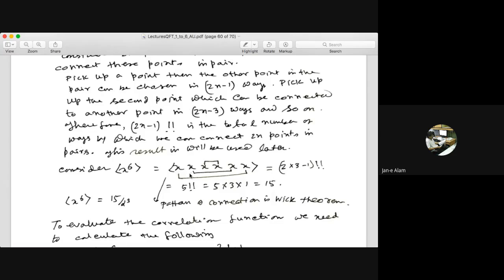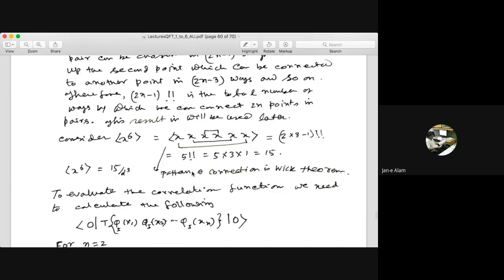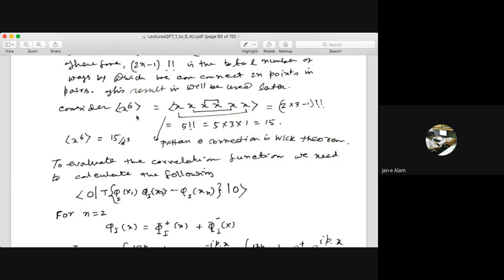I can pick up one, then choose the other x in 5 ways. Two are gone, since I have connected pairwise. I can take the next one, and out of the remaining 3 I can choose any of them, so 3 ways. So 5 into 3 into 1 is 15, which is also 5 double factorial. That is how we can calculate the average value of any power of x in this particular way.